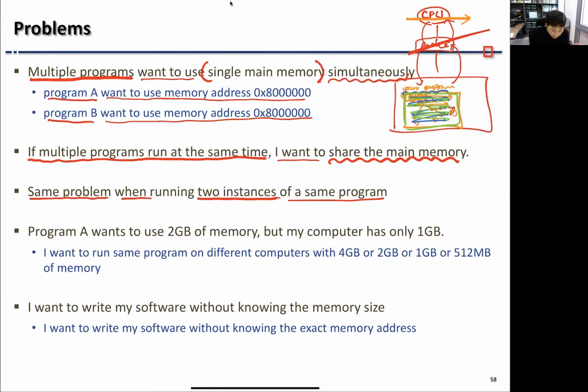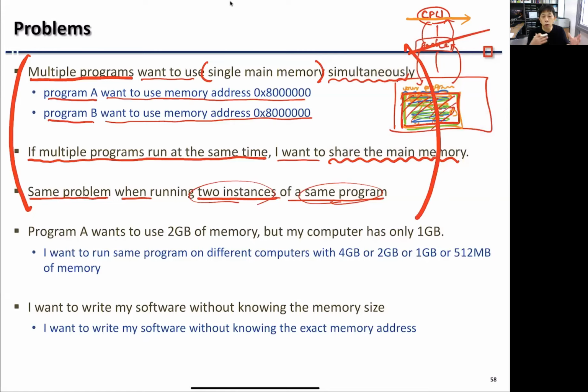If I run multiple instances of a single program, they will use the same memory space. So all of these refer to the same problem: I want to run more than one instance of a program on your computer. They have to run from the main memory because running a program means moving in the main memory. How do we do this?